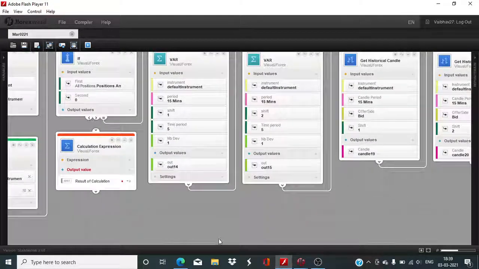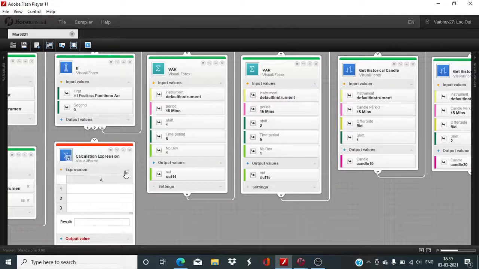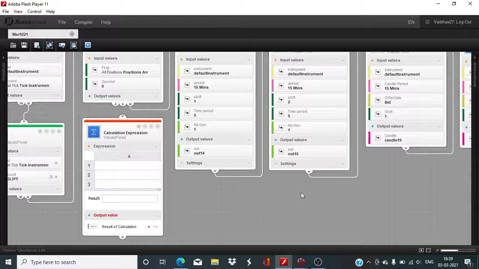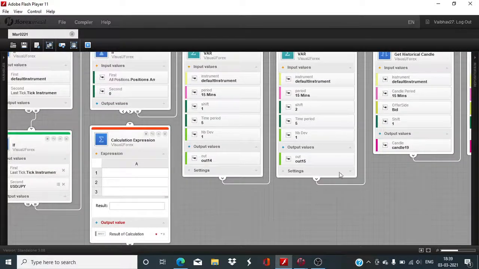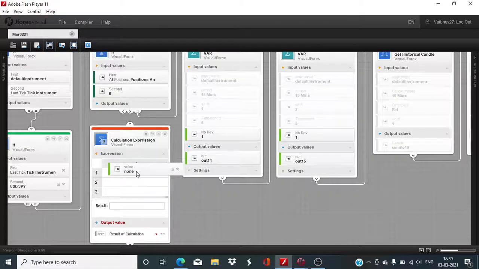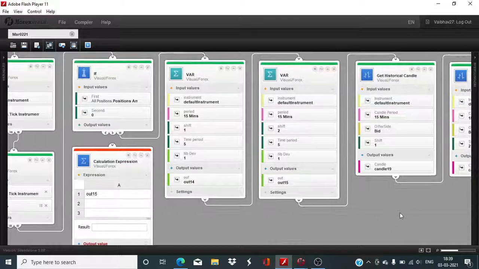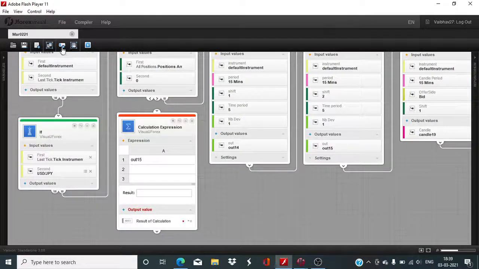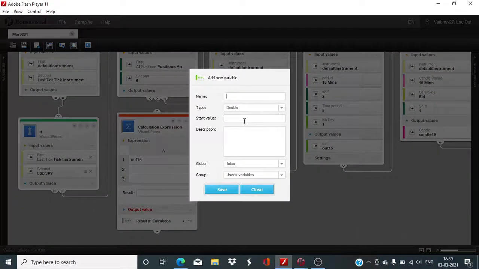And here this value out 15 will be multiplied by a new variable double value.